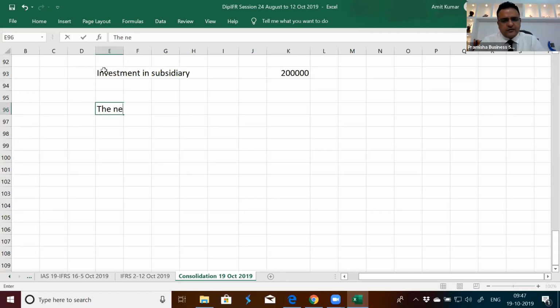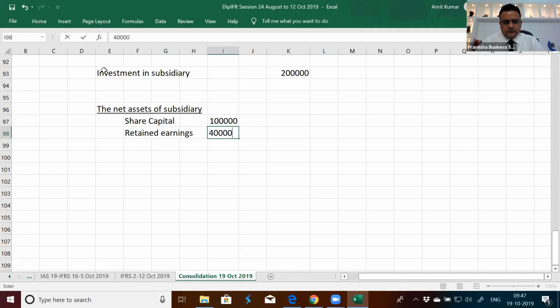The net assets of the subsidiary represent share capital 100,000, retained earnings 40,000, the total being 140,000.